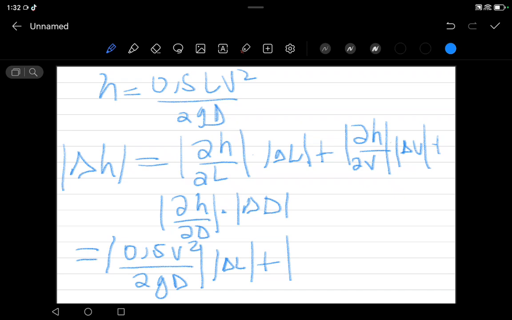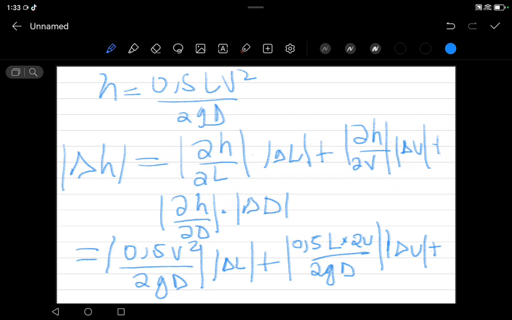That 0.5, we write it as it is. It's not a variable, it's a value. So for V, we're going to get 0.5 L 2V. And then how are we going to derivate D? What is the partial derivative of H with respect to D?